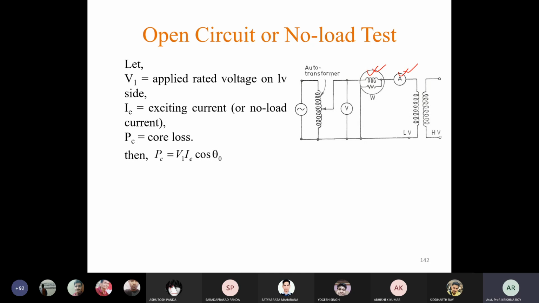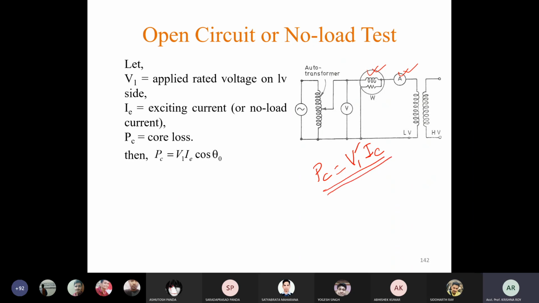We know this equation: PC equals V1 dash into IC, that is the core loss component of exciting current. PC is core loss, and V1 dash is the voltage appearing across the primary winding, which is opposite to that of E1 dash. So using this formula we can calculate the core loss.